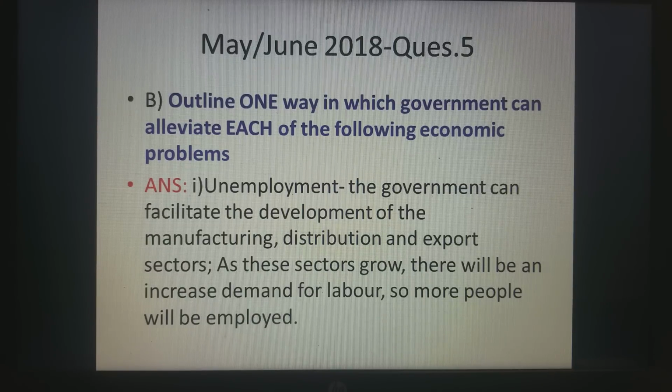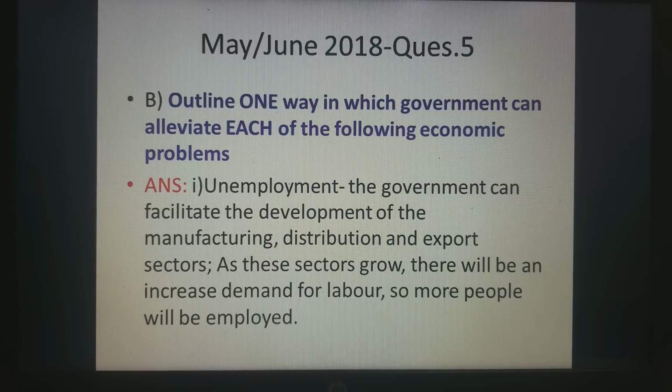The government can facilitate the development of the manufacturing, distribution, and export sectors. As these sectors grow, there will be an increase in the demand for labor, and so more people will be employed. So what are we saying? We're saying government can change the prospects of unemployment in the country by facilitating the development in the area of manufacturing.